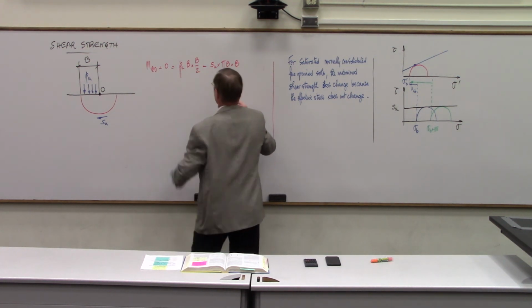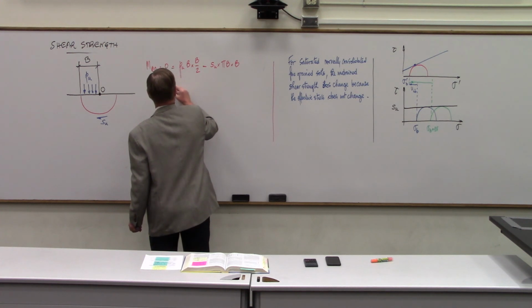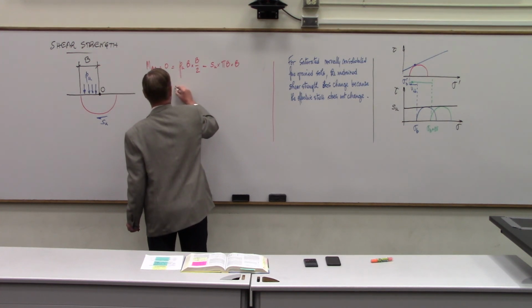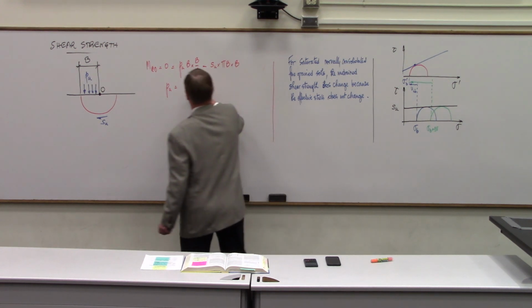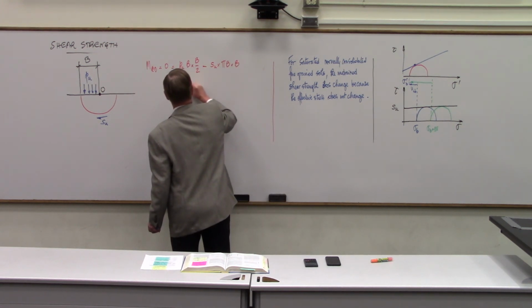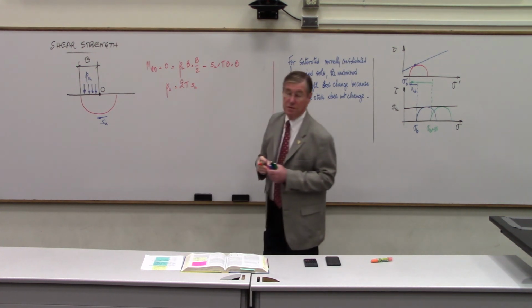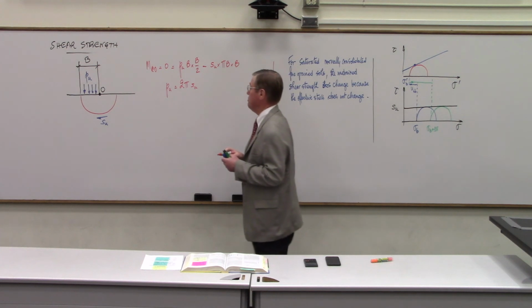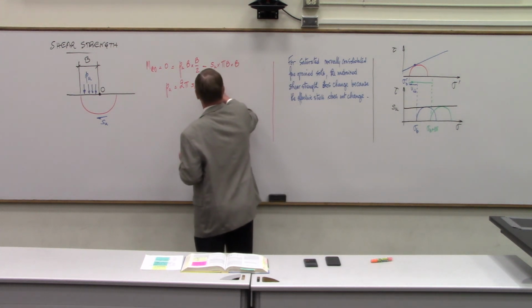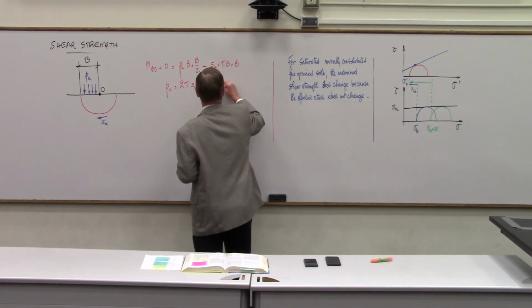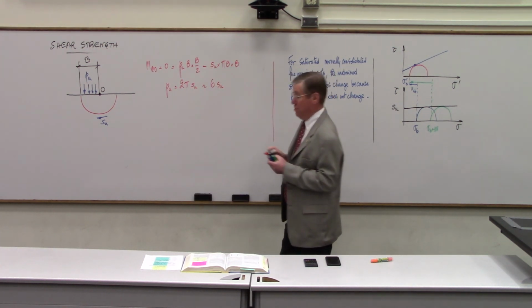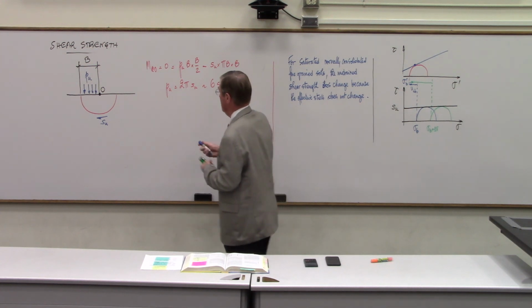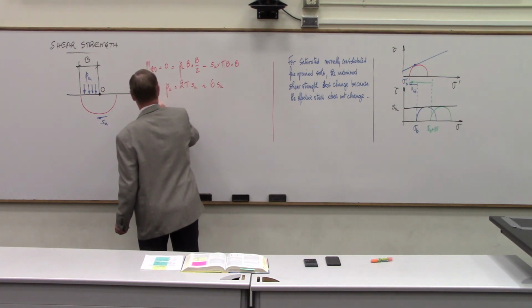So when I simplify this equation, you can see that the B squared disappears, and I've got P sub U equal 2 pi S sub U. Okay, so it's a simple way of estimating the bearing capacity of soils under undrained condition. So basically, we're talking about 6 times the undrained strength. Now, the Tower of Pisa.